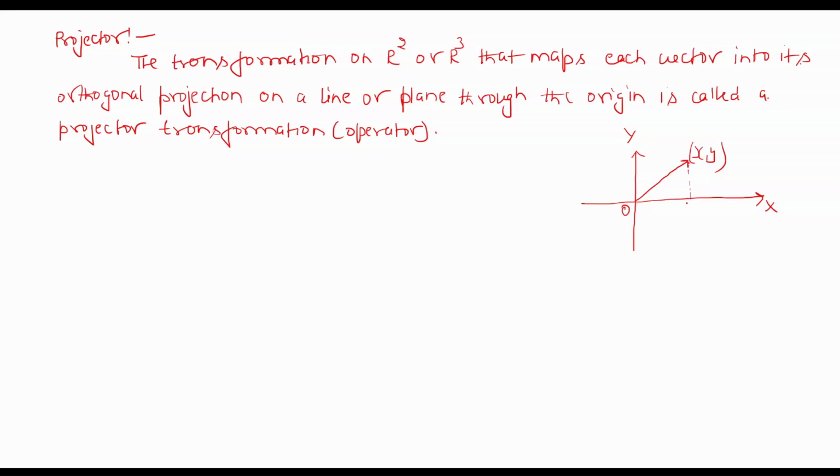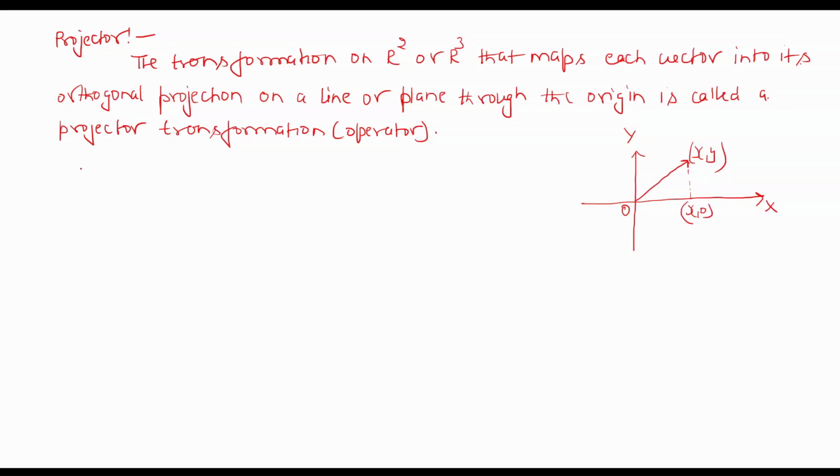This is the projection on the x-axis, (x, 0). So this is the projection of vector (x, y) on the x-axis.